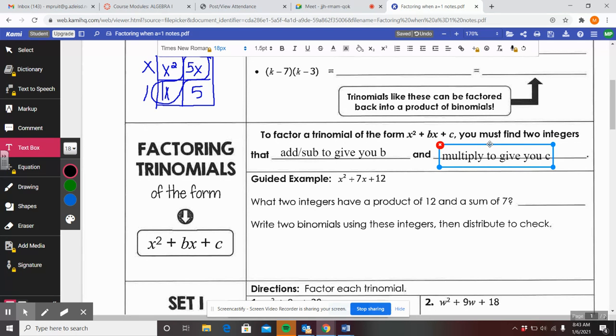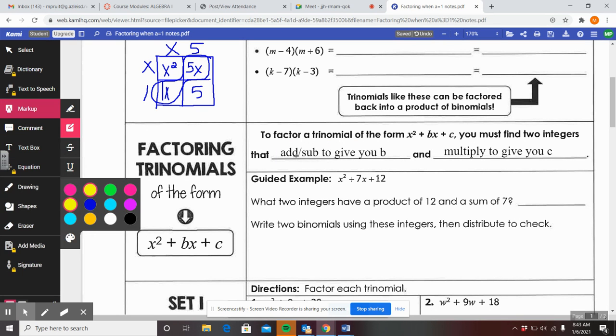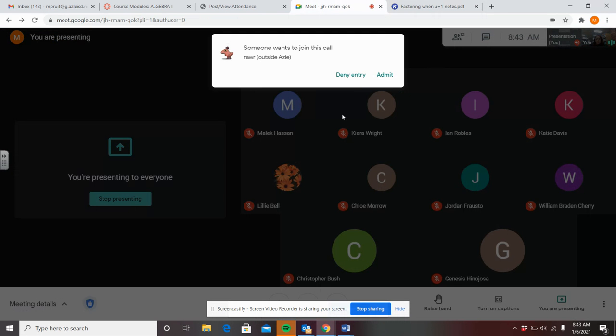All right, and what they mean by that is if you look right here, it says factor a trinomial of the form x squared plus bx plus c to find 2 integers. That right there, we're going to highlight it. I want you to underline it or something. That x squared plus bx plus c.